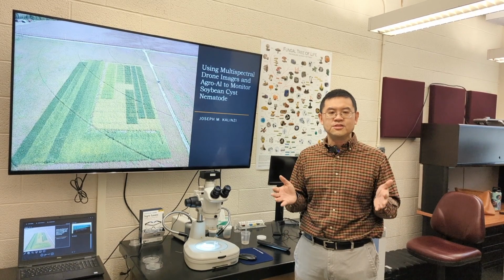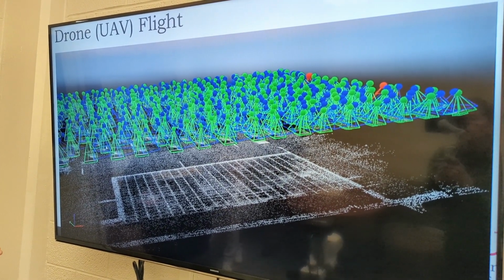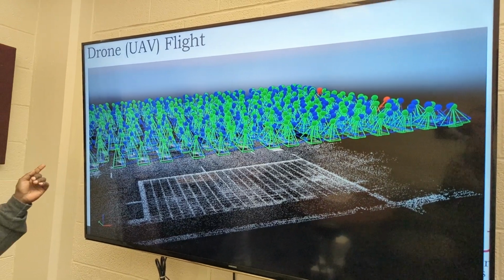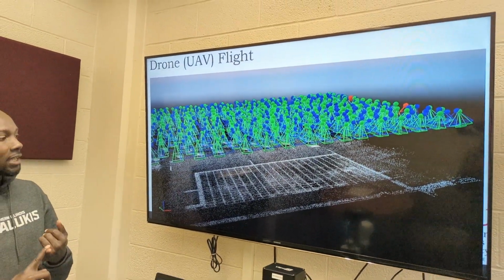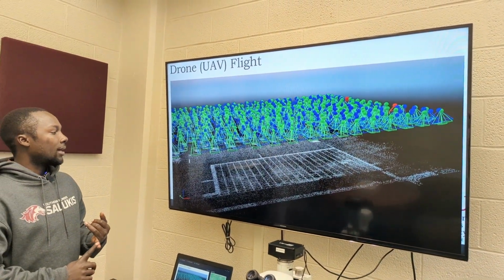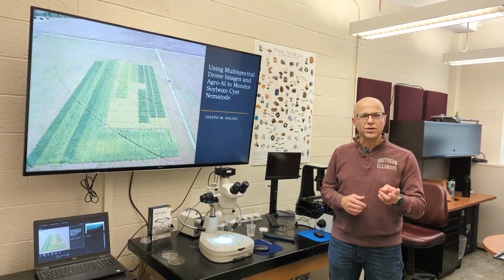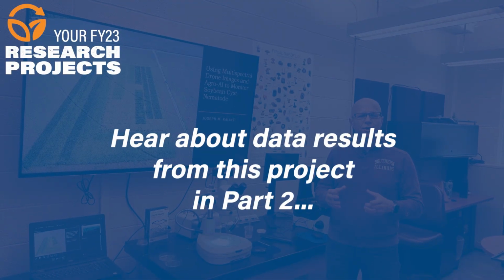Our methods include image analysis, geospatial analysis, and also statistical analysis plus artificial intelligence. Finally, we want to associate the drone image with the variable infestation level of the nematodes. So we've had 2 good flight years with data.